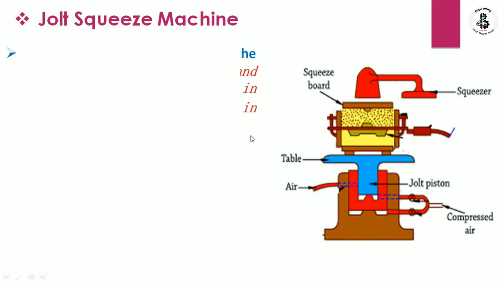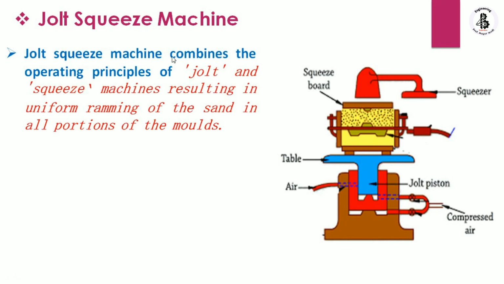Just as you can see, jolt squeeze machines combine the operating principles of both the jolt and squeeze machines, resulting in uniform ramming of the sand into all portions of the molds. Or you can say the sand is densely packed around the pattern from the cope as well as the drag side.